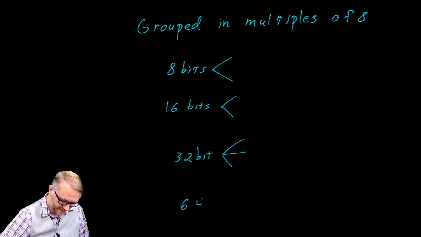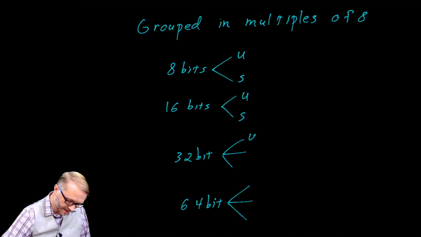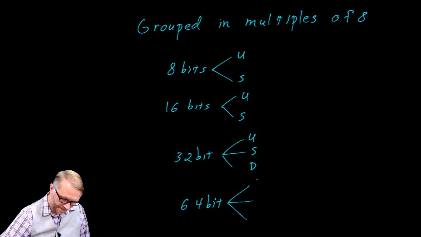And finally 64 bits, and there are once again 3 types. We have 8-bit unsigned, 8-bit signed, 16-bit unsigned, 16-bit signed, unsigned, signed, decimal, unsigned, signed, and decimal again.